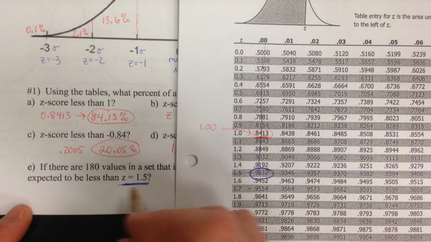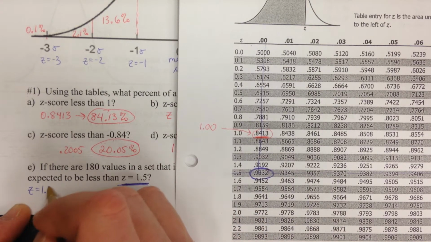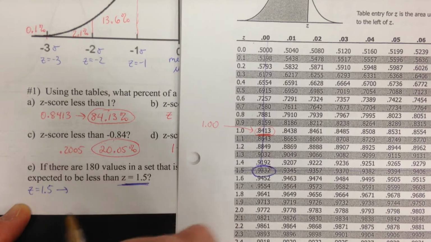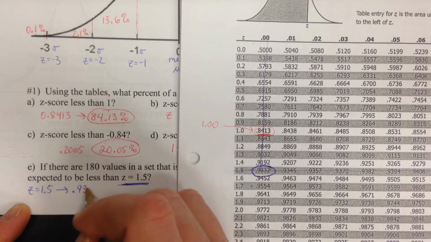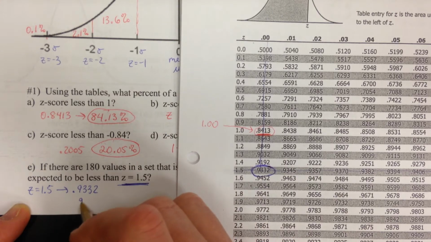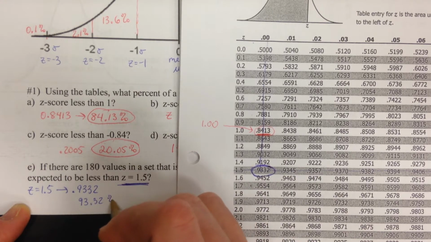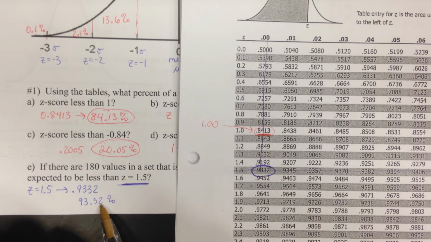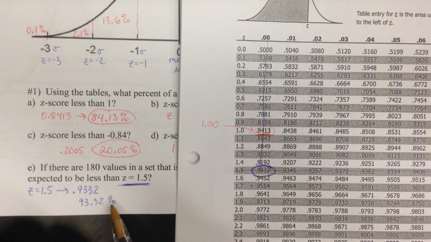So when z equals 1.5, that leads to a probability, a decimal, 0.9332, which is 93.32%. 93.32% of the population would have a z-score to the left of that.